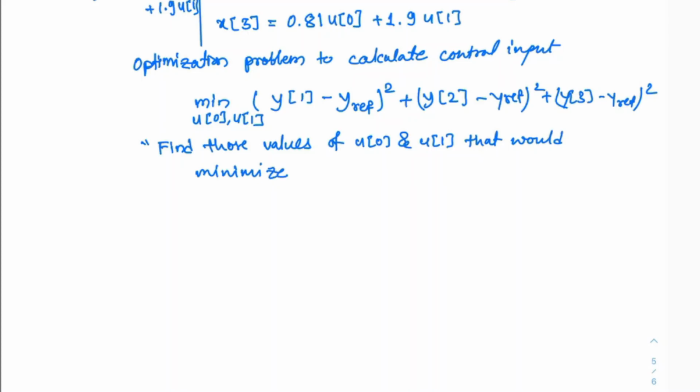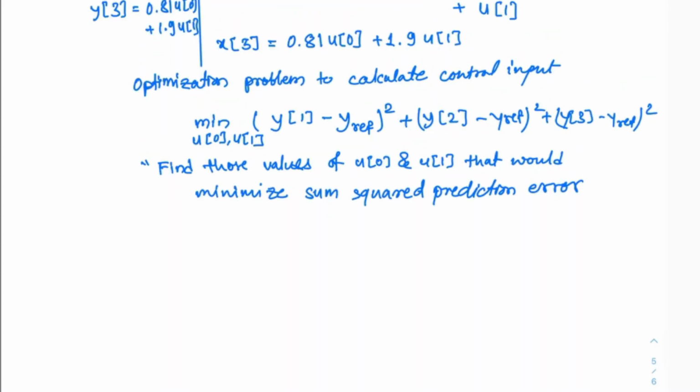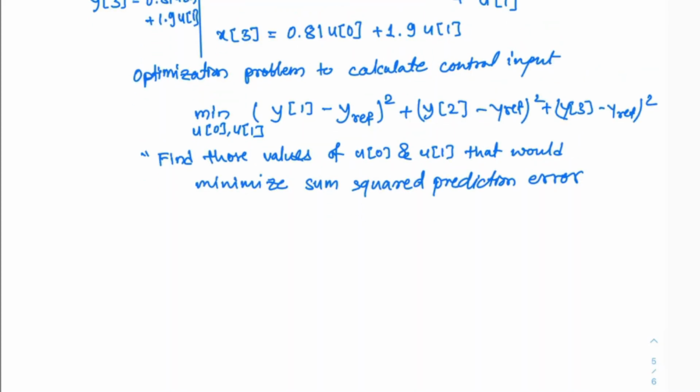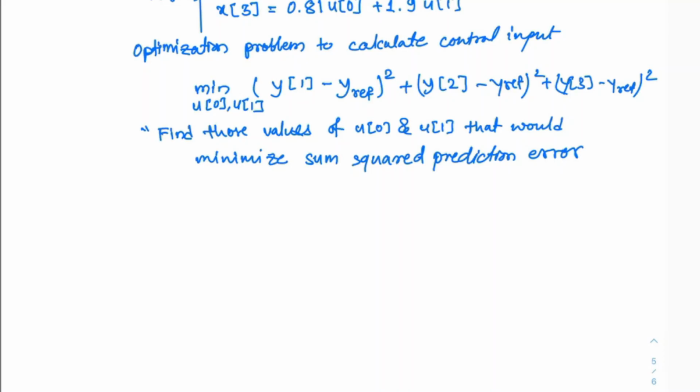This is a sum of squares, and the terms inside are my prediction and my reference, so this is the sum squared prediction error.